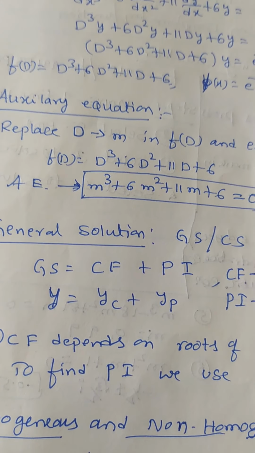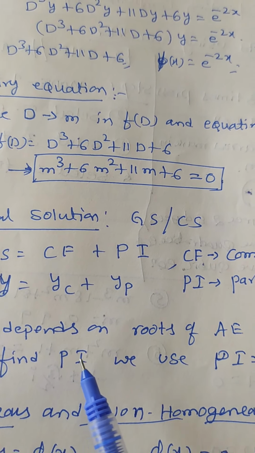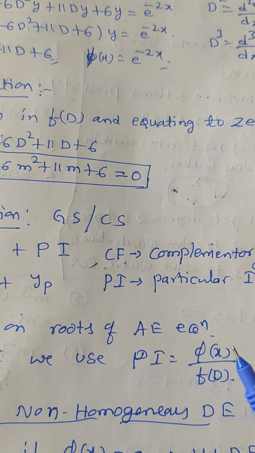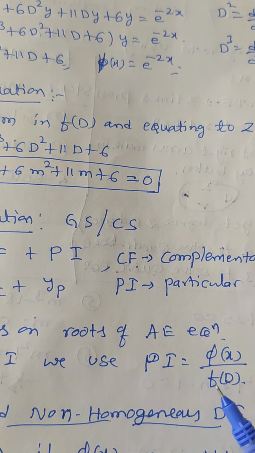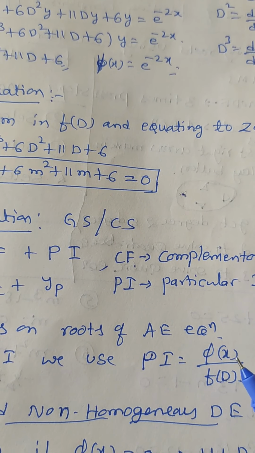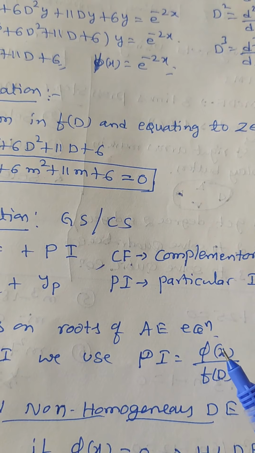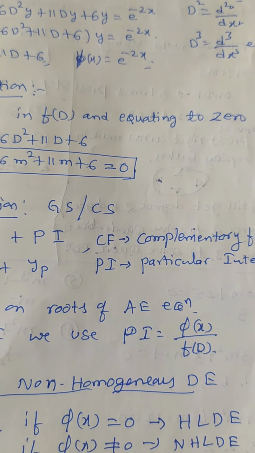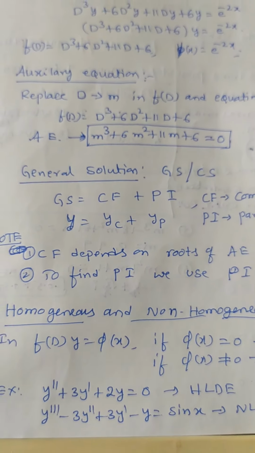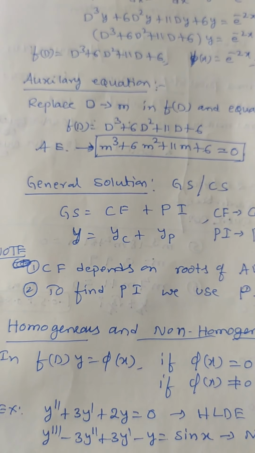Next, how do you find the PI? PI is the particular integral, that is found by using the RHS function phi of x and f of D. Divide phi of x by the polynomial operator. Depending on this function, we can find the particular integral. Then add CF and PI, that gives the general solution or complete solution.